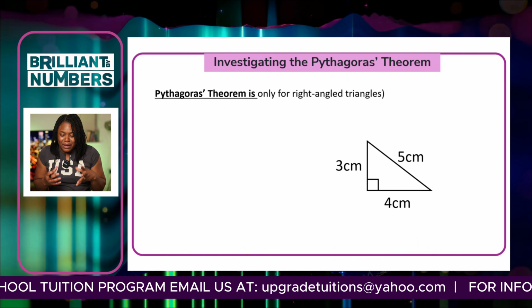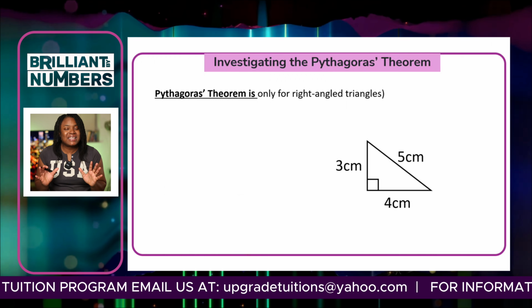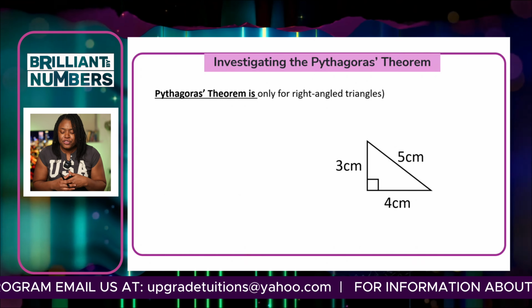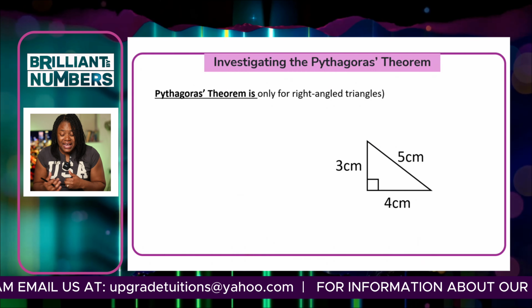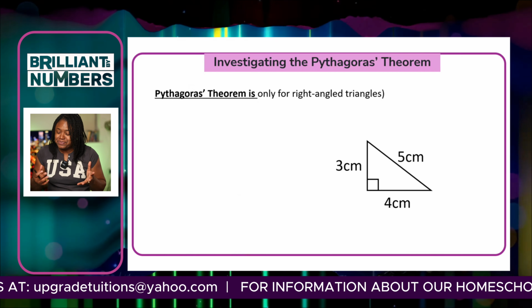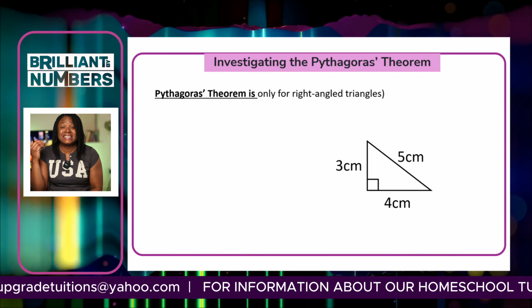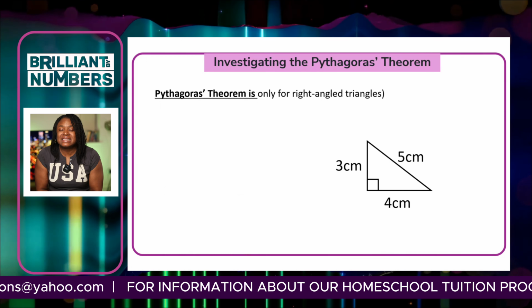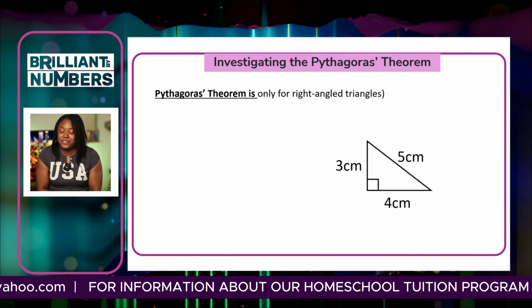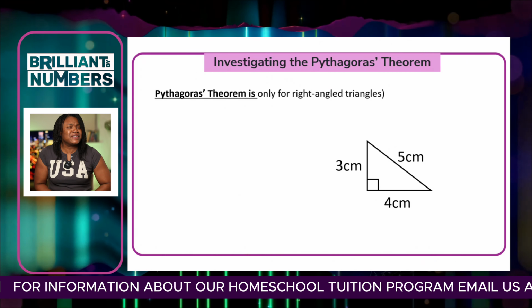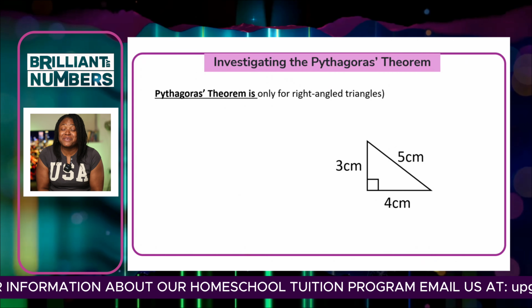Now, if we should multiply all the sides by 2, which means the scale factor would be 2, 3 times 2 would give us 6, 4 times 2 is 8, and 5 times 2 is 10. Now, 6, 8, and 10 would also be a Pythagorean triple, since they are scale factors of 3, 4, and 5. But what is the relationship among the sides of the triangle?